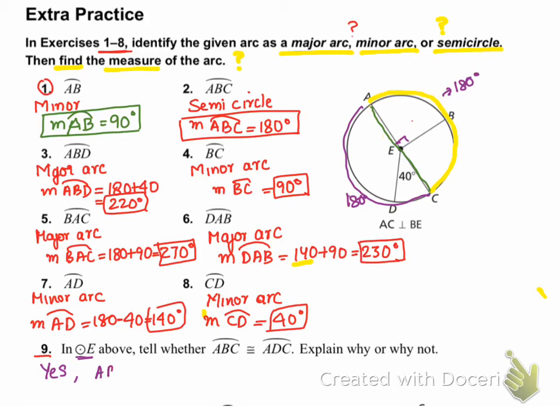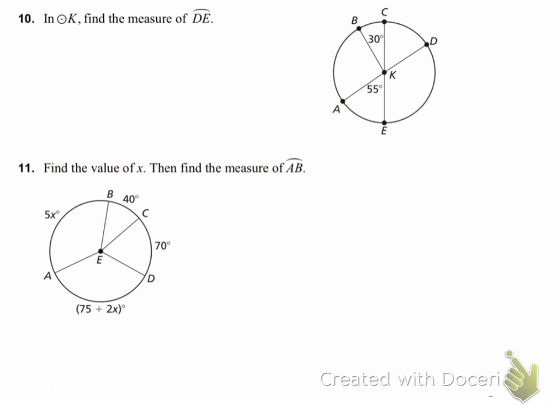Arc ABC is congruent to arc ADC. And why? Because the measure of arc ABC is equal to the measure of arc ADC, which is 180 degrees. They have the same measure. That's why they're congruent.